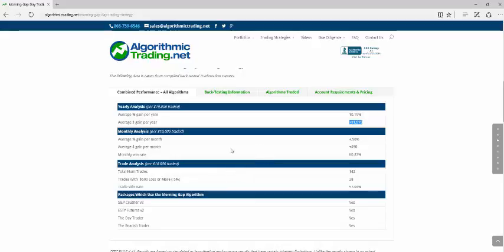Whether we trade this algorithm or not in any of our packages does not really affect the unit size of the portfolio. So it's kind of a free algorithm. So the key is, is it a good algorithm? Is it profitable? And by the way, a lot of people would be happy with 10% per year. So it's not that it's bad, it's just that as traders we usually want to see something better.